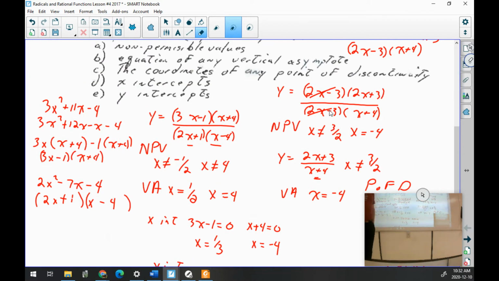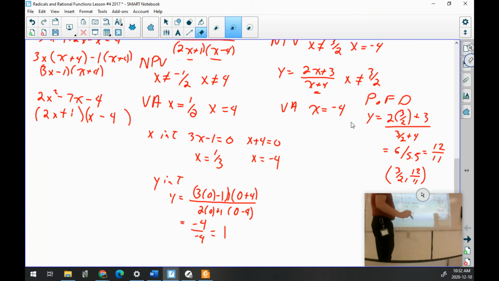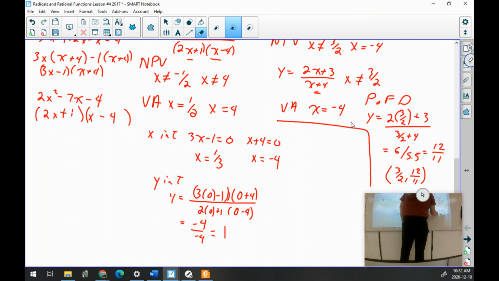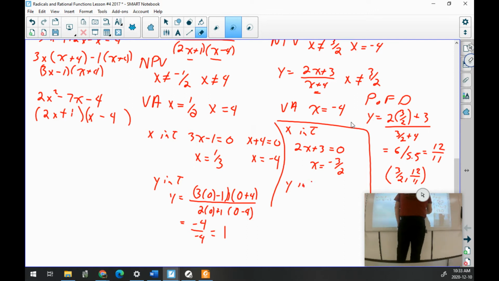Coordinates, the intercepts, again, there's only one x-intercept. Sorry about the terrible board work. The x-intercept is going to be where 2x plus 3 is equal to 0. X is equal to negative 3 over 2. So that's our x-intercept, and our y-intercept is going to occur where x is equal to 0.